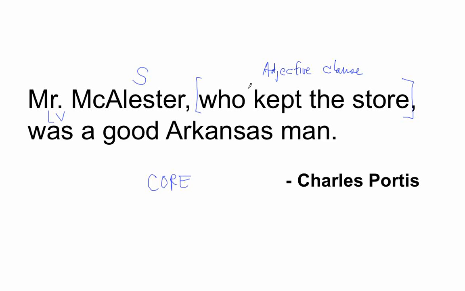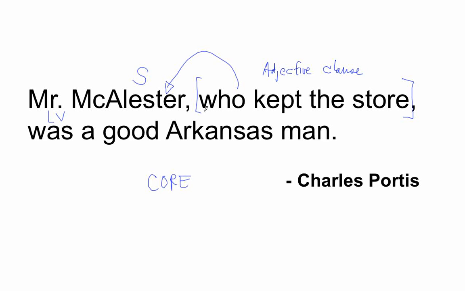Like I said, the purpose of an adjective clause is to identify or to describe nouns or pronouns. In this case, the noun is the subject of your sentence, Mr. McAllister. It gives more description, just like an adjective should, to Mr. McAllister: he keeps the store. Curiously enough, and we'll discuss this further in other videos, adjective clauses can actually be made into complete sentences.